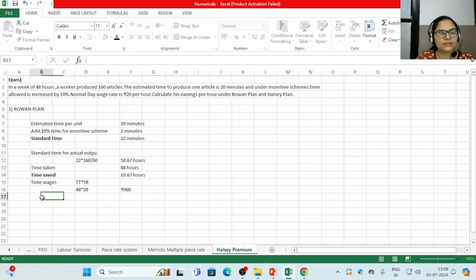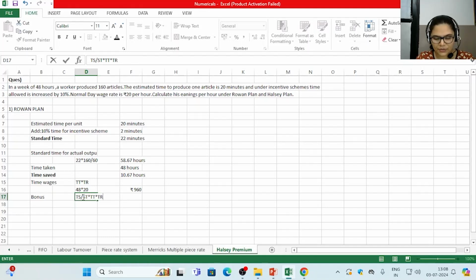Next is bonus. How is bonus calculated in case of Rowan plan? It will be time saved, TS, divided by standard time, ST, multiplied by time taken, again multiplied by time rate.